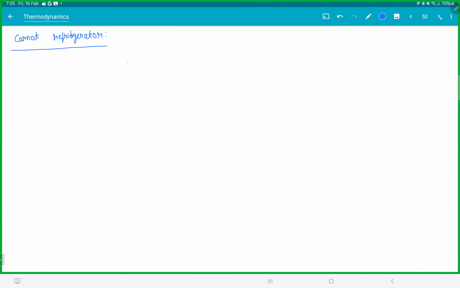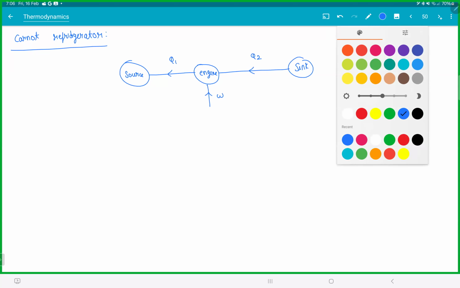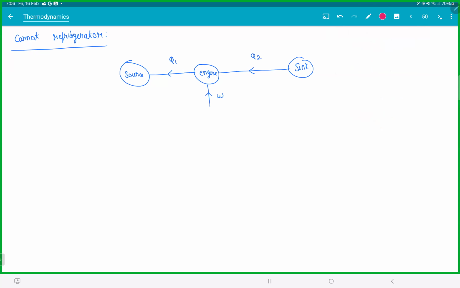So in this, what we do, we have source, we have that engine, we have the sink. We take heat from the sink. To do this, you need to provide work. Basically, that's your electricity. And you throw Q1 outside.